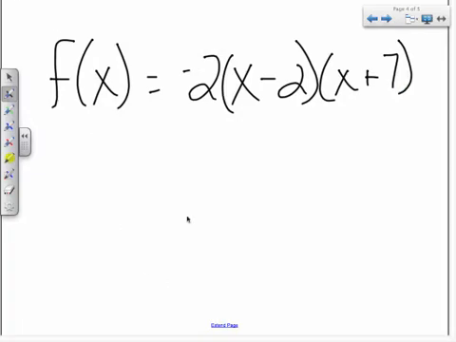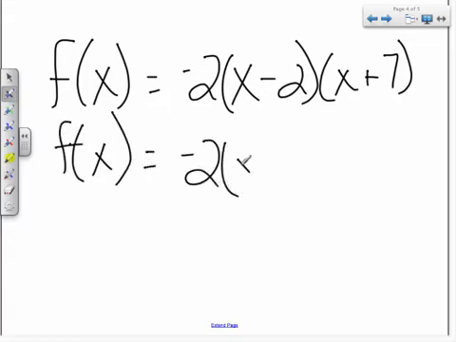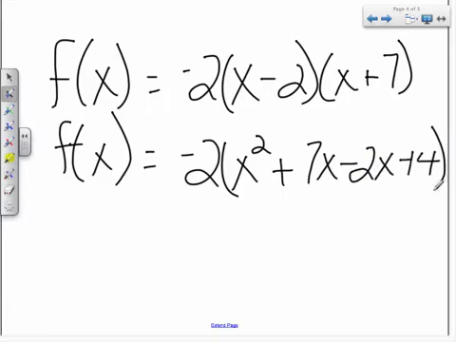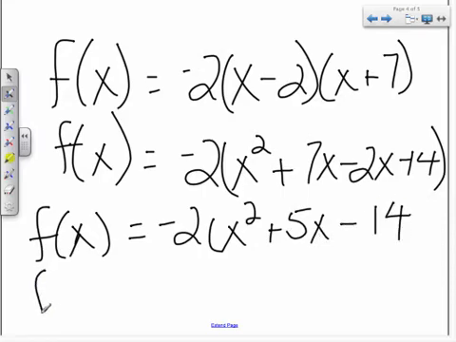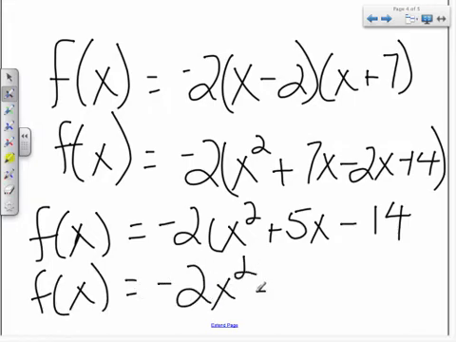So when I distribute it, I end up getting f of x is equal to negative 2 times (x squared plus 7x minus 2x minus 14). So then when you combine your like terms, you end up getting f of x equals negative 2 times (x squared plus 5x minus 14), which means that f of x is equal to negative 2x squared minus 10x plus 28.